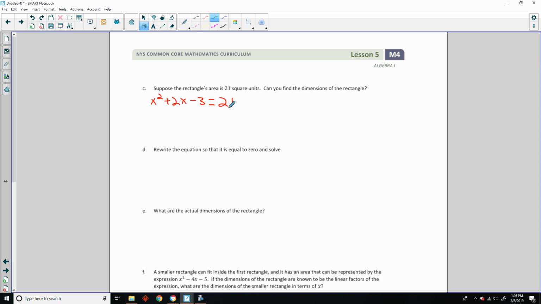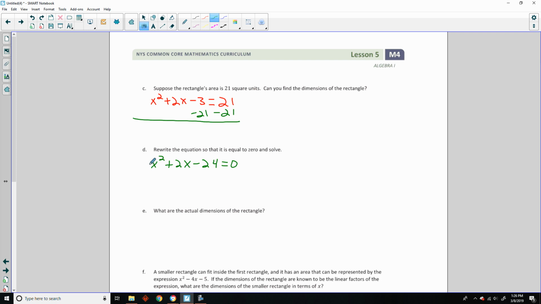So in order to rewrite this and get 0 on this side, I would have to subtract 21 from both sides. And in doing so, I will get x squared plus 2x, negative 3 minus 21 is negative 24 equals 0. Okay, so now I rewrote the equation so it's equal to 0.